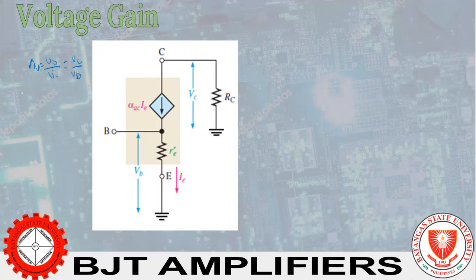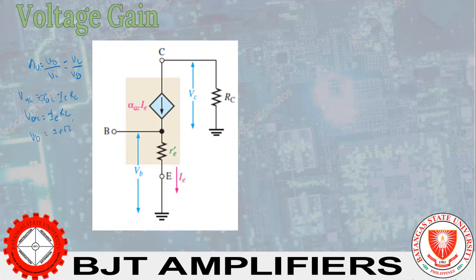Assume that VC is equal to alpha AC IE RC, since alpha is approximately 1, and VB is IE re prime.